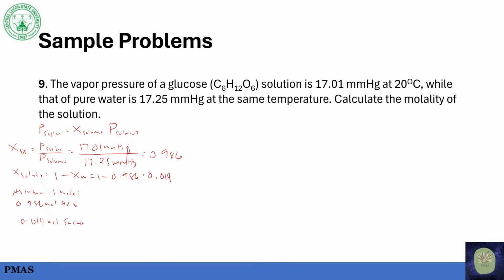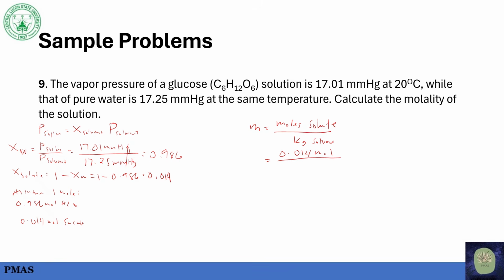Again, to calculate for the molality, our formula is moles of solute over kilogram of solvent. Okay? So our moles of solute is 0.014 moles.